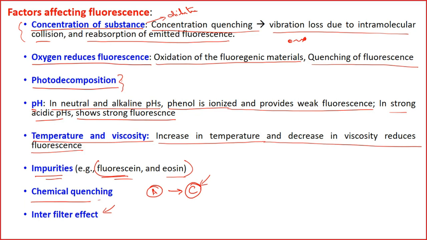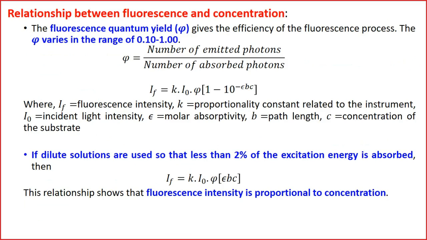Then the relationship between the fluorescence and concentration. In fluorescence there is an important parameter called fluorescence quantum yield, which is given by psi, and it varies from 0.10 to 1. What is this psi? Fluorescence quantum yield is nothing but the number of emitted photons divided by the number of absorbed photons.